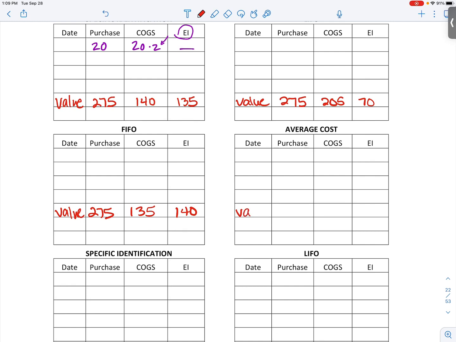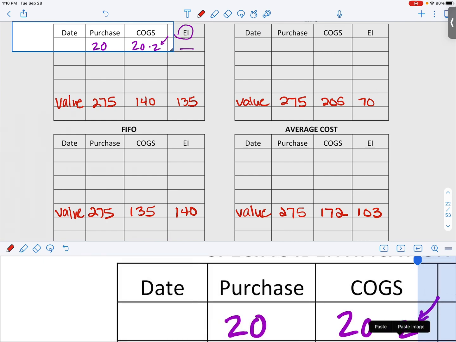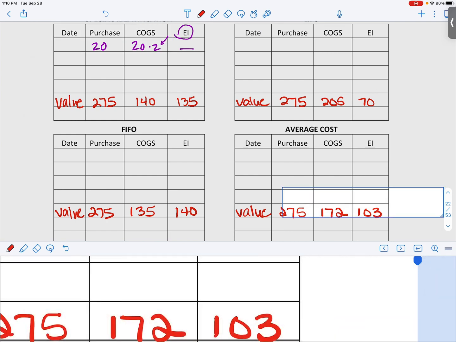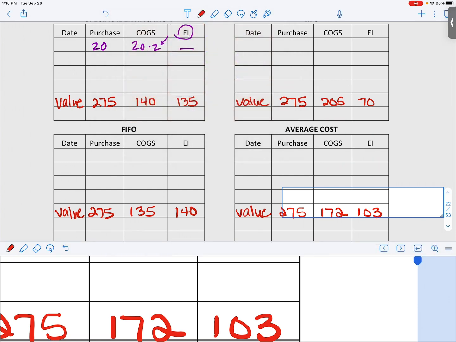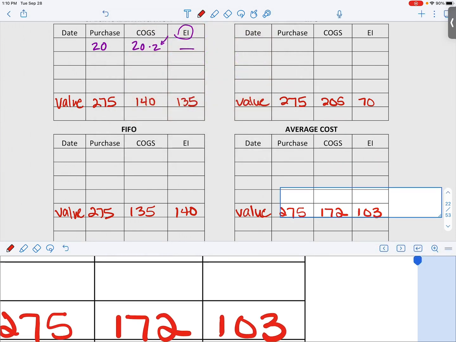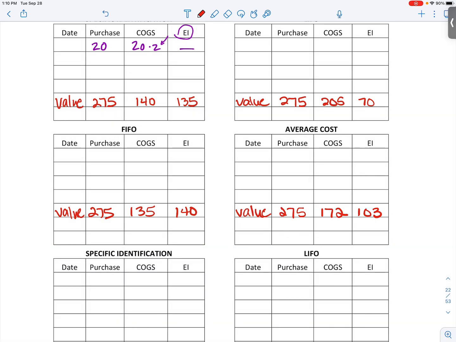And finally, that average cost. Again, notice that this is getting high.